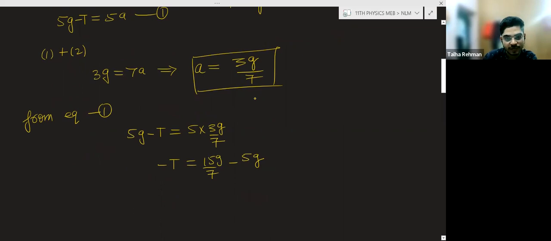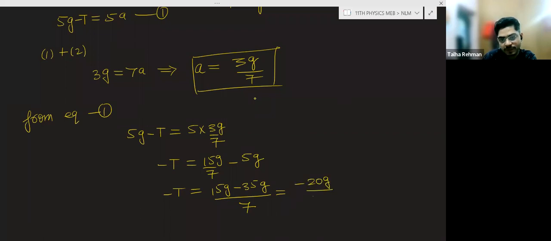Okay, so this is minus T, this will become 15g minus 35g divided by 7. So this will become minus 20g divided by 7. Okay, so this minus and minus will be cancelled out.